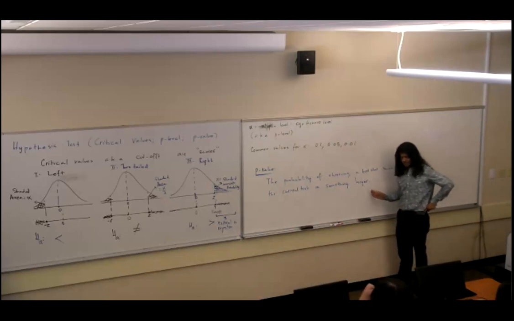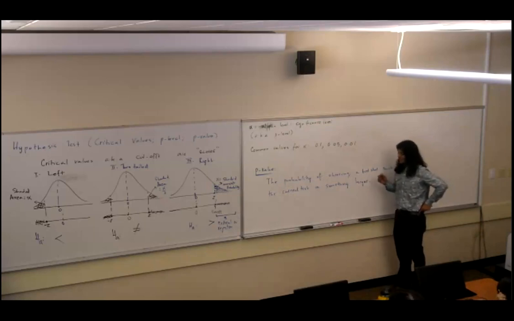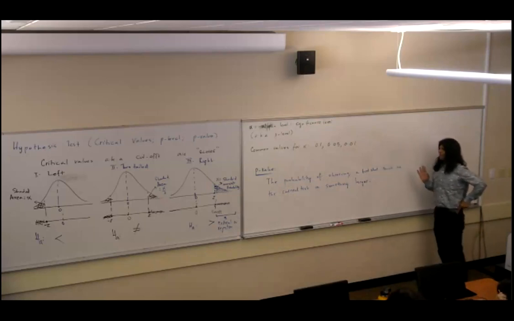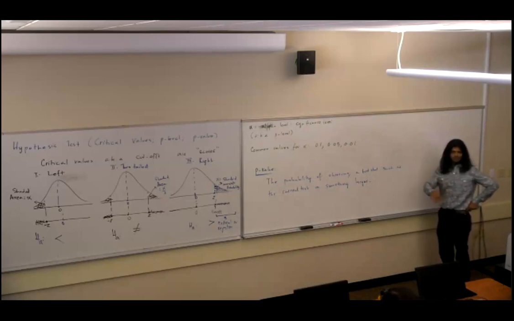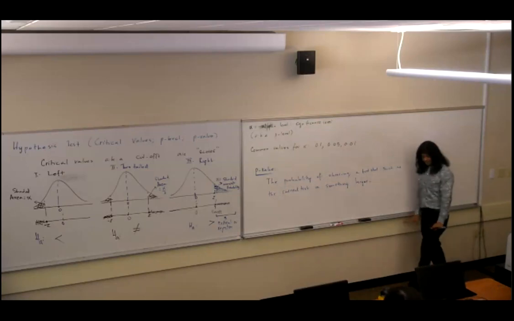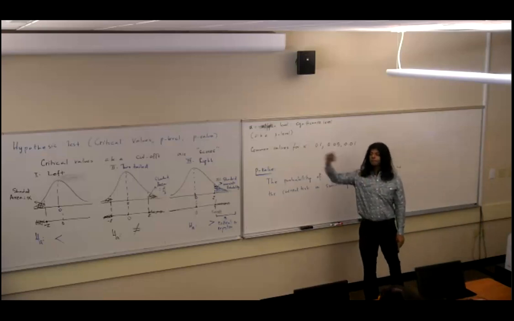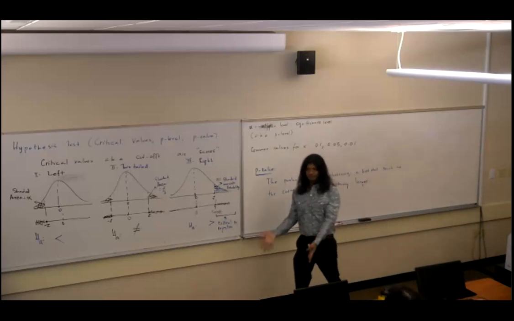First, let's understand this and then add this important component that will make us understand things better. So the probability of observing a test statistic, based on whatever test that we did, or getting bigger than what we just found.